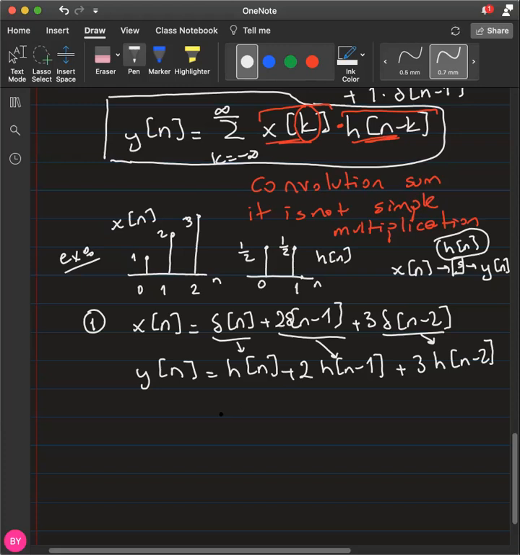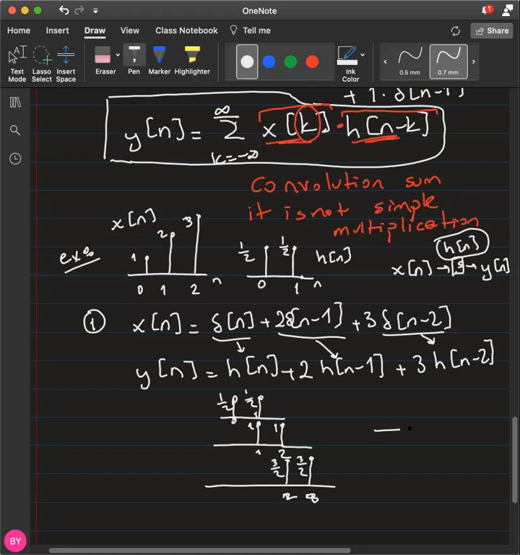So now I am putting this over here, 1 over 2, 1 over 2, 2 times, like shift first, multiply by 2, this will be 1 over 2, 1 over 2 at 0 and 1, and at 1 and 2, it will be 1 and 1, and then at 2 and 3, it will be 3 over 2 and 3 over 2. Okay, so am I correct here? No, not 3 and 4. This is 2 and 3.